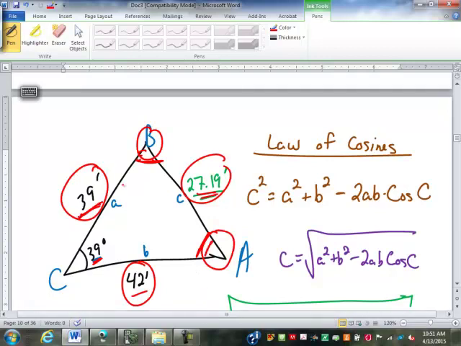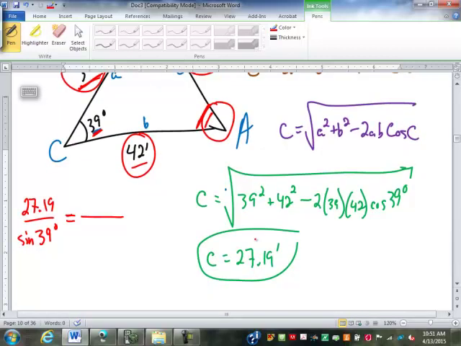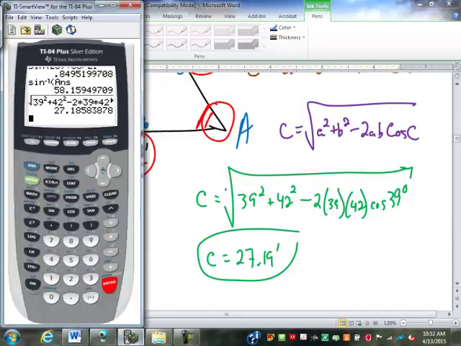So that's going to be 39 feet over the sine of A. So we shall cross multiply and divide again. Sine of 39 degrees times 39 feet divided by 27.19 feet. So sine of 39, close my parentheses, times 39 divided by 27.19 equals 0.9027.